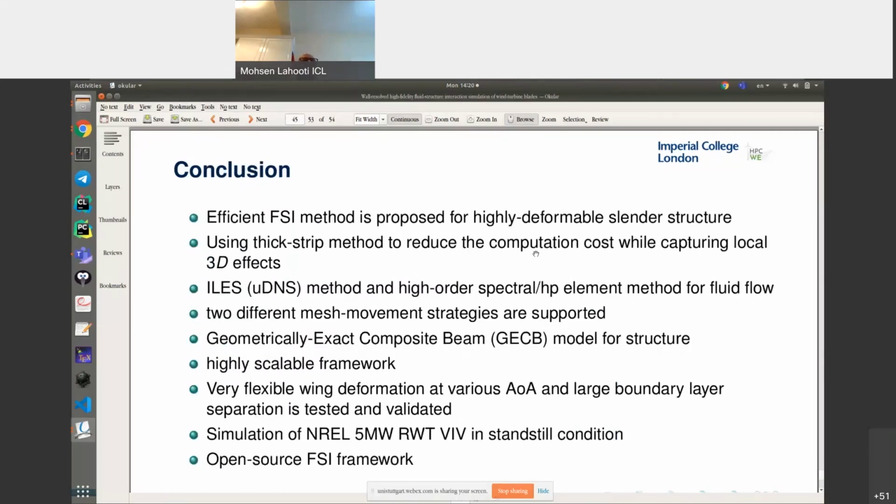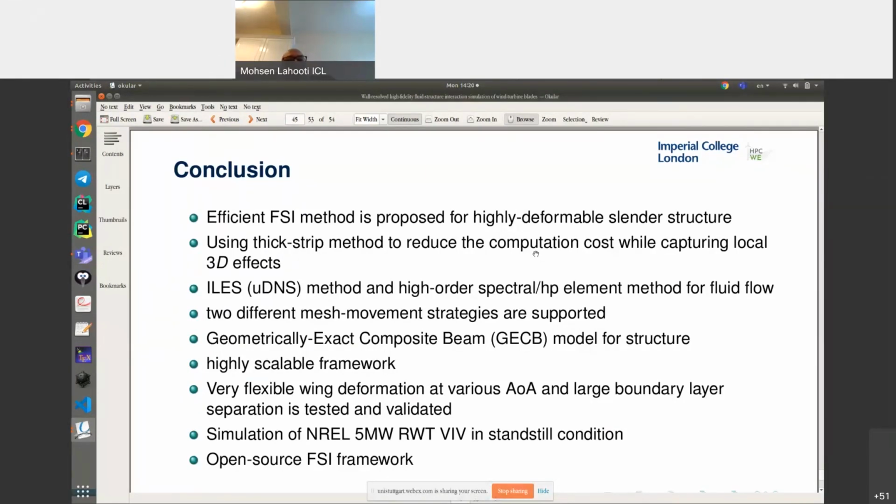For the conclusion, we developed an efficient FSI approach for highly deformable slender structures. We used the thick strip method to reduce the computational cost while capturing the local 3D effect. We use the implicit LES or underresolved DNS method and high order spectral elements for fluid flow. Two different mesh movement strategies are developed and supported.